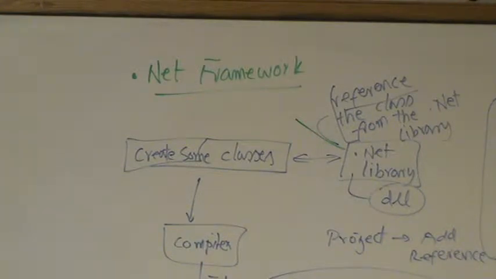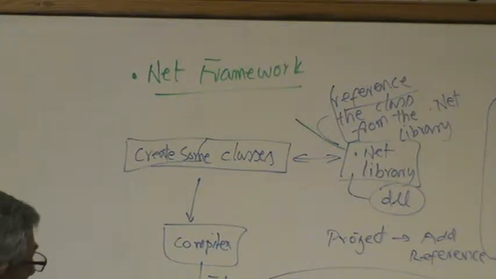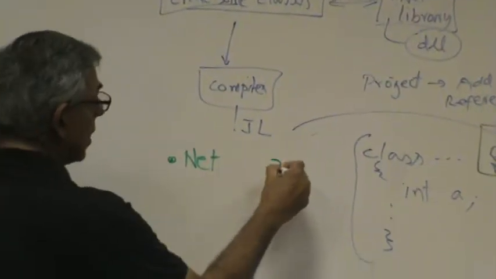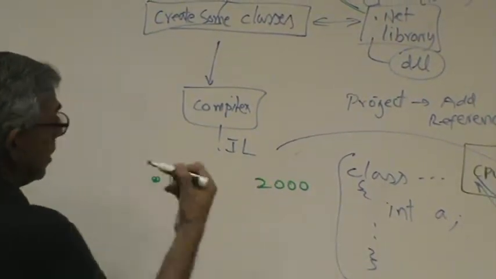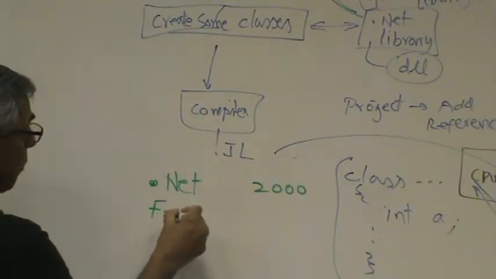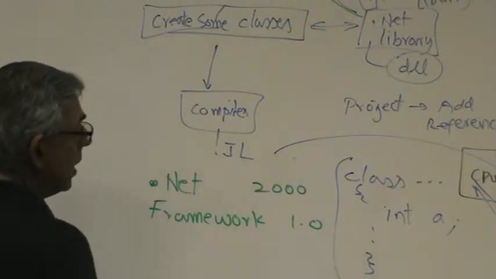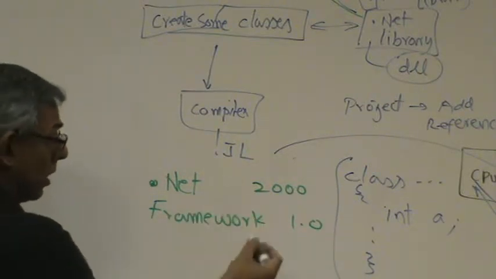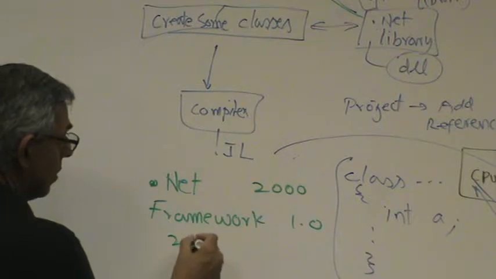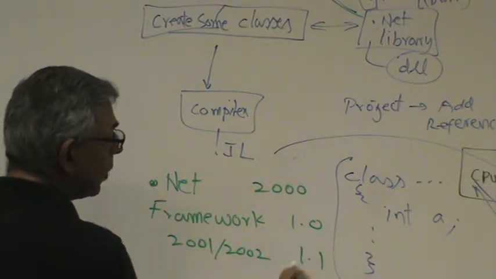One of the nice things in the .NET framework is that, for example, when .NET was released around the year 2000, the framework version was 1.0. A couple of years later, around the 2001, 2002 time frame, they improved the framework.